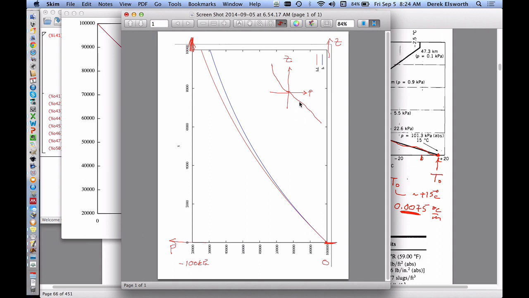And so the reason for that is that this change in pressure with elevation, dp over dz. Since we've also got this equation that says that the change in pressure with elevation is equal to minus unit weight, then we could also write this as 1 and unit weight, right?